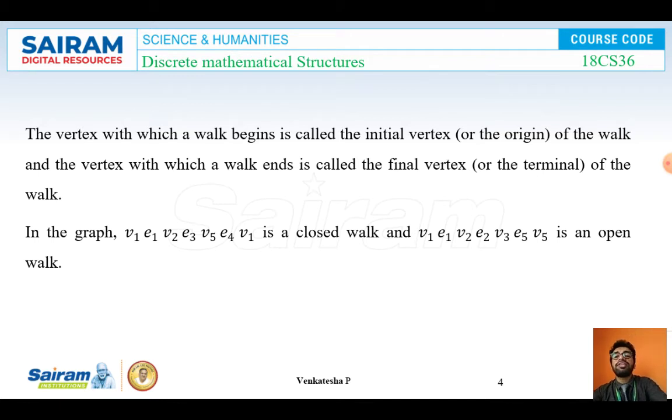For example, in this graph, v1 e1 v2 v3 v5 e4 v1: the starting vertex and ending vertex are the same, so it is a closed walk. Now the same walk, v1 e1 v2 e2 v3 e5 v5: the starting vertex is different from the ending vertex, so this kind of walk will be called an open walk.